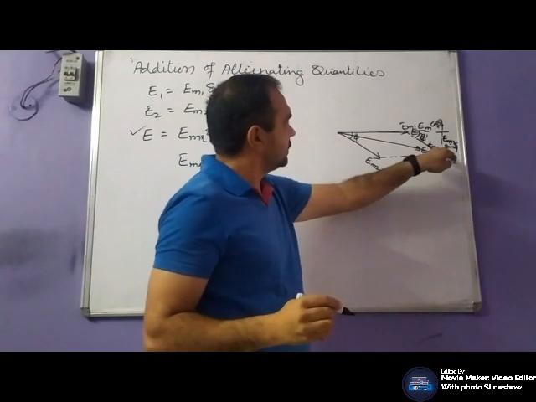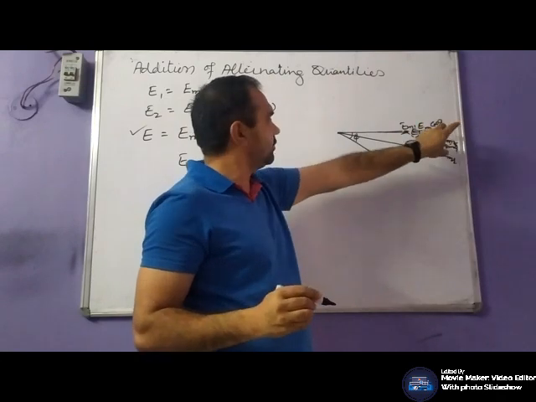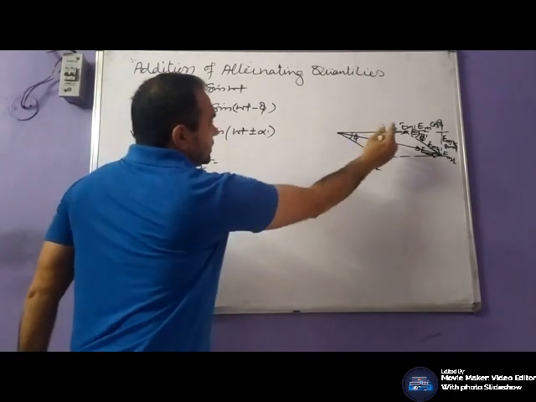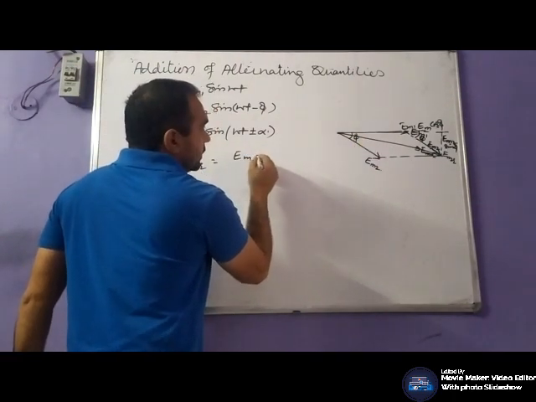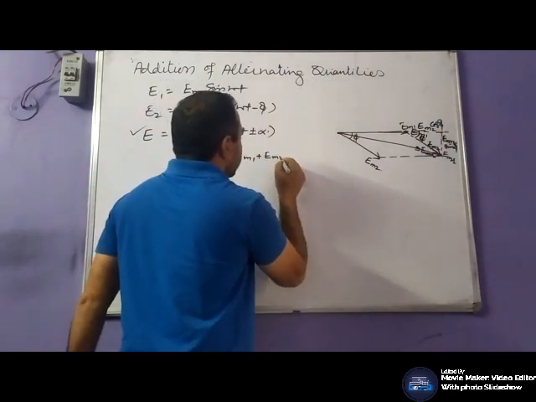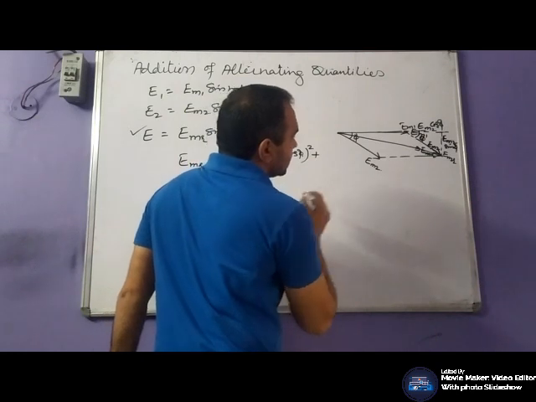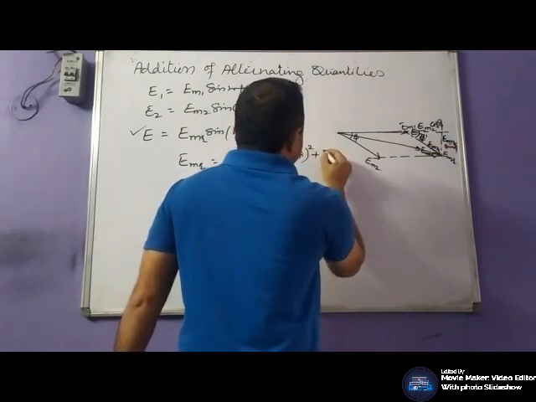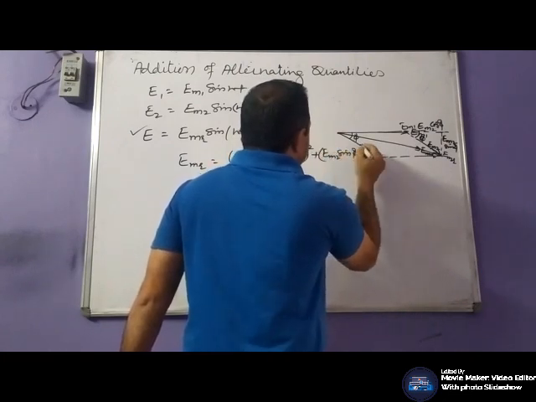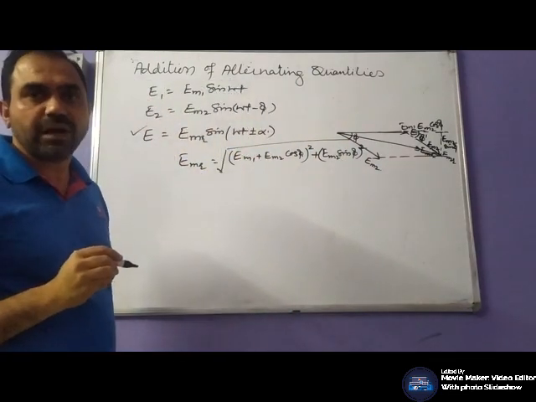EMR is base square plus perpendicular square. So base is EM1 plus EM2 cos of phi, plus EM2 sin of phi, under the root. This way we can find out the resultant EMR.